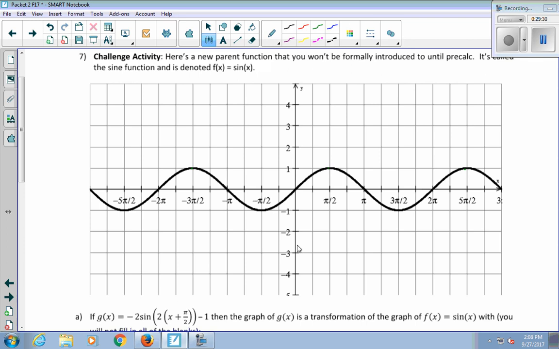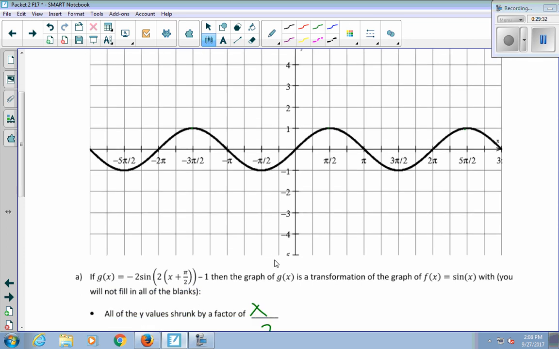Okay, so the -2 says to multiply my y values by -2. So I'm just going to go and pick all my key points and multiply the y's by -2. So 0 times -2 stays 0. So these zeros aren't going to change yet. And then my maxes and mins are all going to get twice as large.